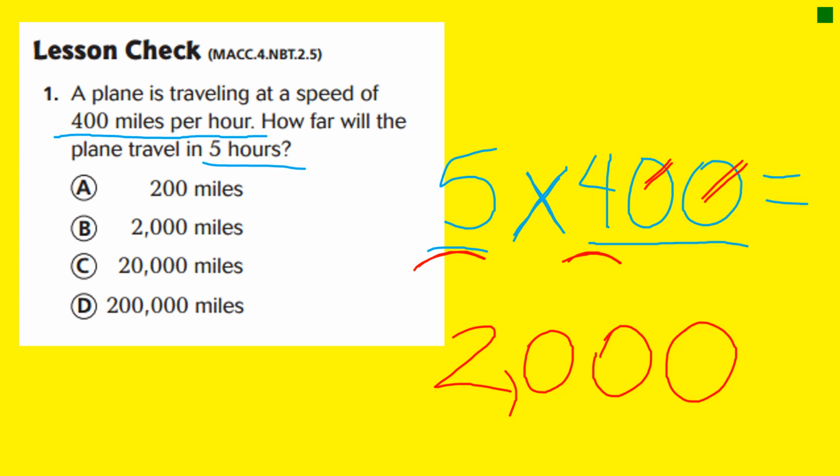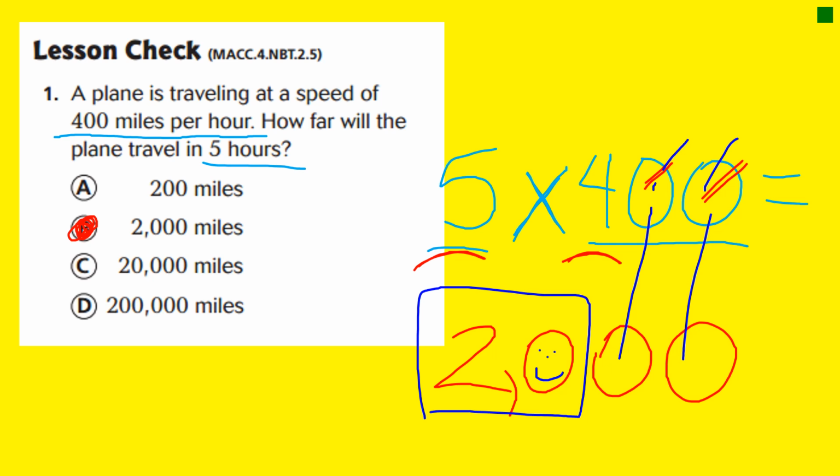So the plane traveled 2,000 miles. Now this again, boys and girls, is a basic fact that has a 0 in it. So if there's a 0 in the basic fact, when you make it 100 times bigger or 10 times bigger, you have to be sure you add both of those zeros on.